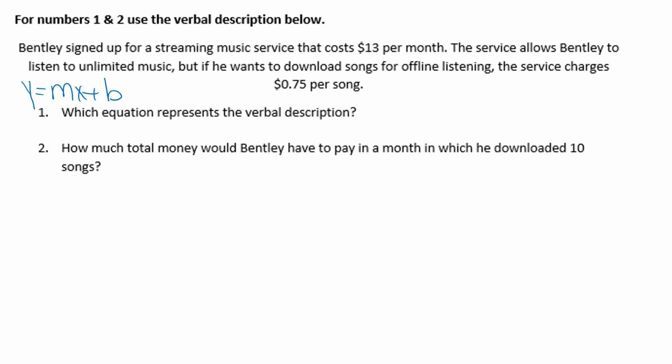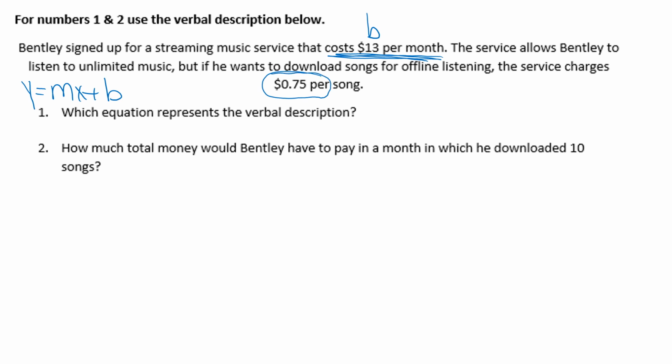So when I think about what his service cost starts with, he is going to have to pay a cost of $13 per month no matter what else he decides to do. So that would be his initial value, his starting location. Then if he wants to download additional songs, it is 75 cents per song.